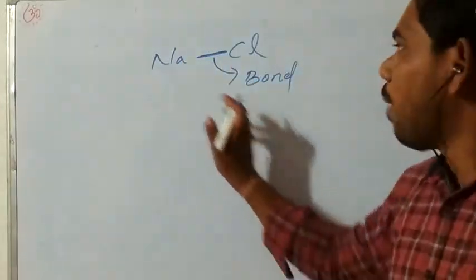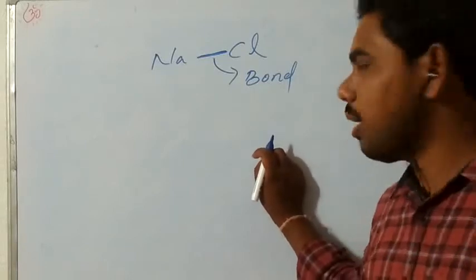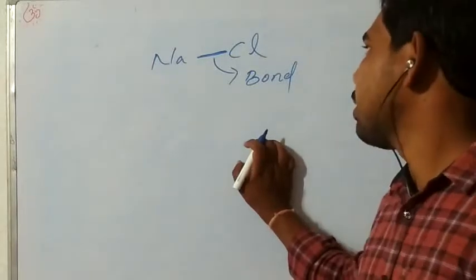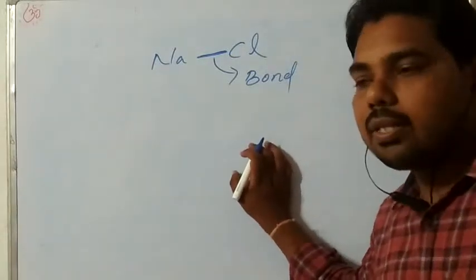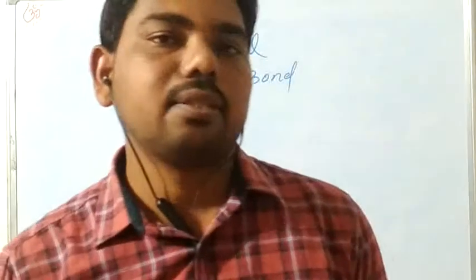Meaning sodium ions and chloride ions, both ions are held together or joined together by a strong electrostatic force of attraction, and this is called a bond. Some compounds are held together by weak force of attraction, some by strong force of attraction.